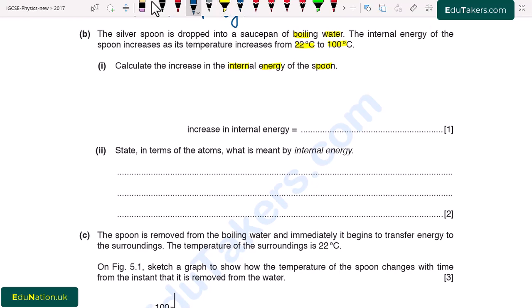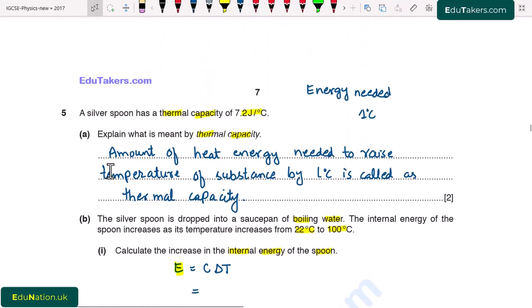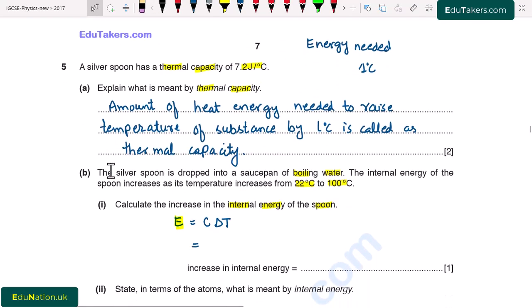So using the formula, energy is basically equal to the product of thermal capacity, which is C, and change in temperature, delta T. So here we have to find out the value of E, which is the increase in internal energy. So I put values here. The value of C is given, which is 7.2. So I write here 7.2 multiplied by change in temperature.